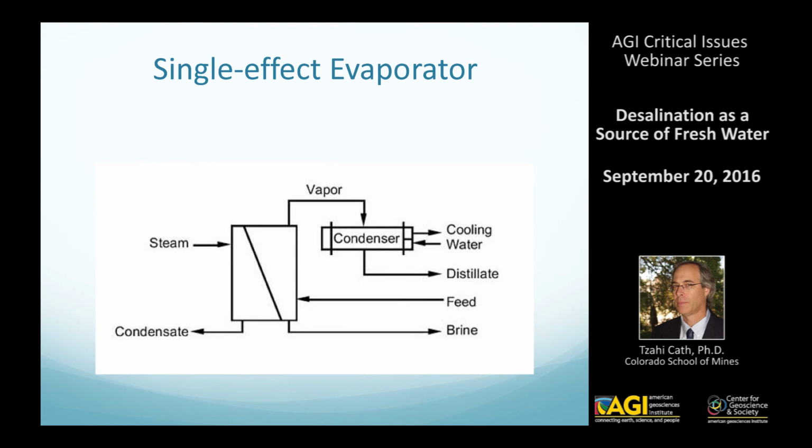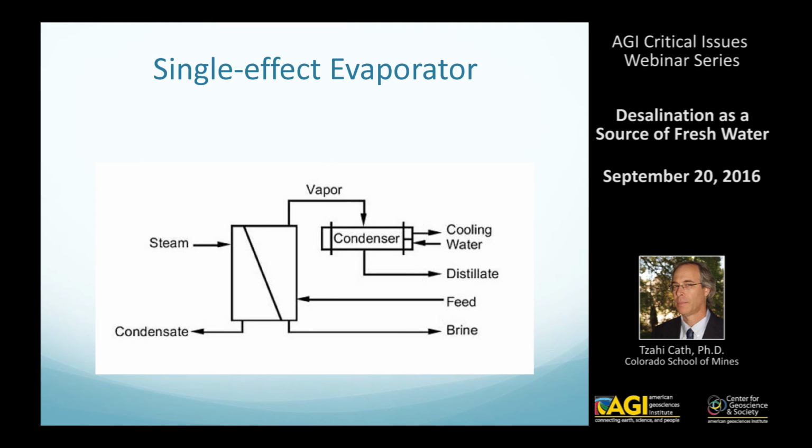The way that it's implemented is by, for example, a single effect evaporator, where on the left you can see a steam or a source of heat that comes on one side of a separator. On the other side you have different feed streams that get evaporated and condensed, producing distillate, and on the bottom producing brine.